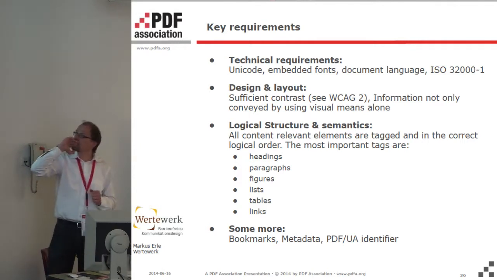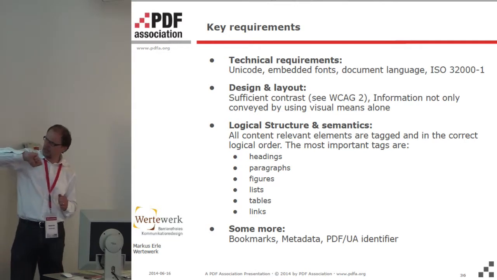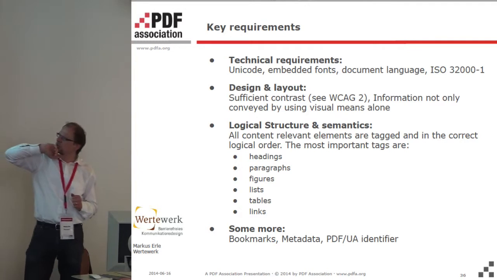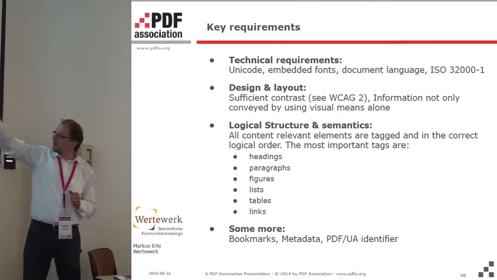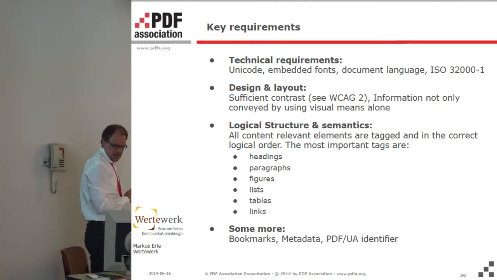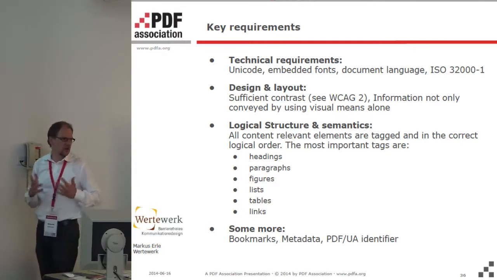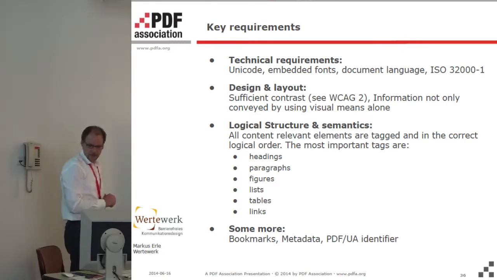And at the end, the final level, we have some aspects in context with usability: the bookmarks, set the metadata, and attach the PDF/UA identifier so that software knows how to render this PDF/UA compliant file.